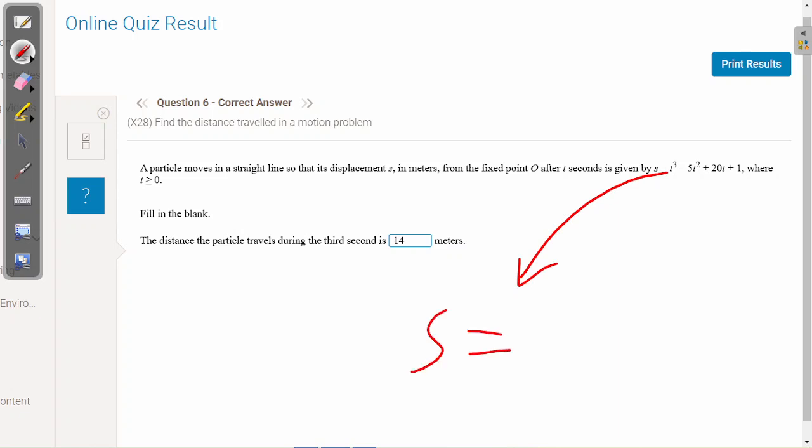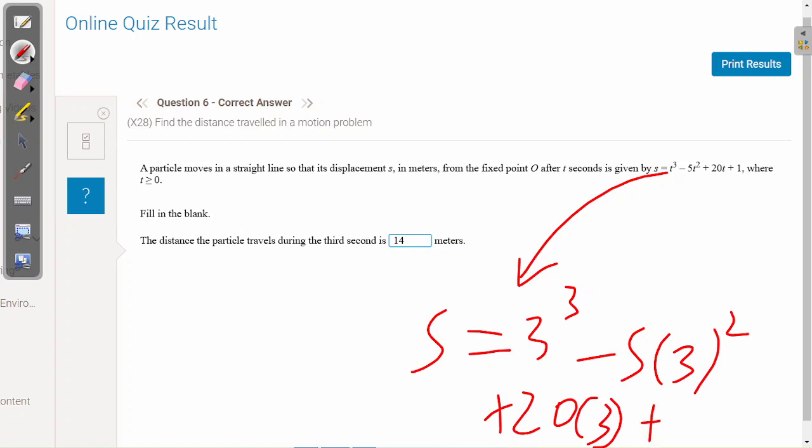So s at 3 equals 3 cubed minus 5 times 3 squared plus 20 times 3 plus 1, which is 27 minus 45... I'll just do it on the calculator. You will get 43.